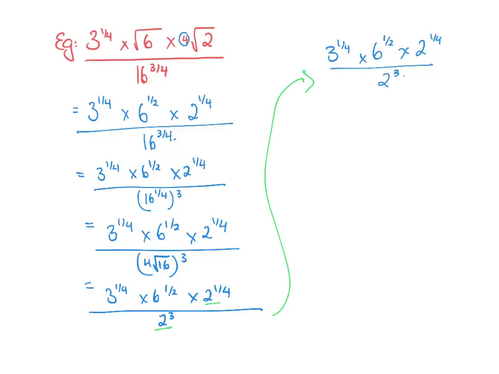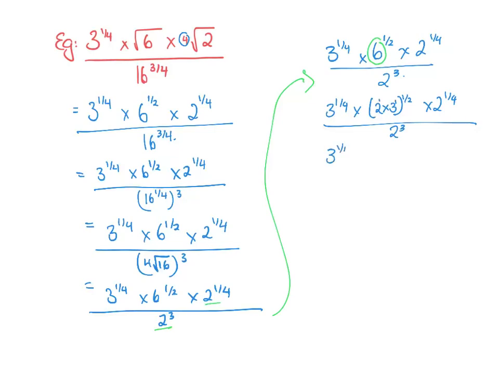Now what I could do is change this 6 to something else. Really, 6 could be written as 2 times 3, to the power of a half. That's the same thing, isn't it? I'm just copying them, and then I could pretend they had a power of 1, and then you expand that out.